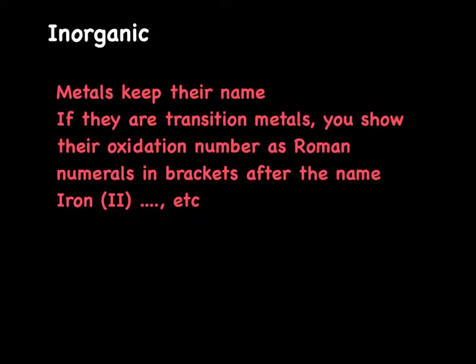Many of them, like iron, have 2 common oxidation states, 2 and 3. Silver has oxidation states of 1 and 2. And we should tell the reader which one we're talking about. So after the metal's name, if the metal is a transition metal, then we must put in brackets and using Roman numerals the charge on the metal ion or the oxidation state.